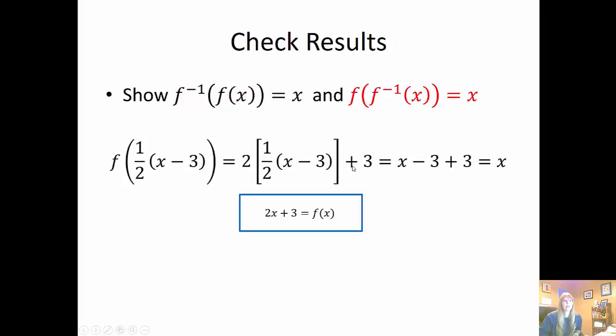I have to do it the other way as well. I plug the inverse into the original function. The original function was 2x plus 3. So where you see x, you plug in the inverse. You can already see that the 2's cancel, and I end up with x minus 3 plus 3. The 3's cancel, and I end up with x. So therefore, these are inverses of each other.